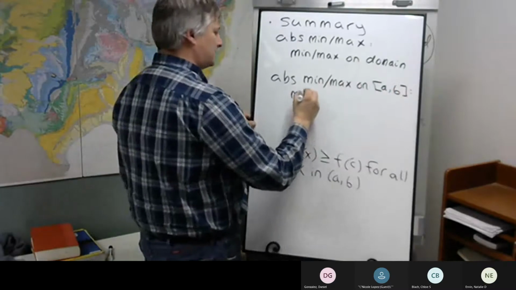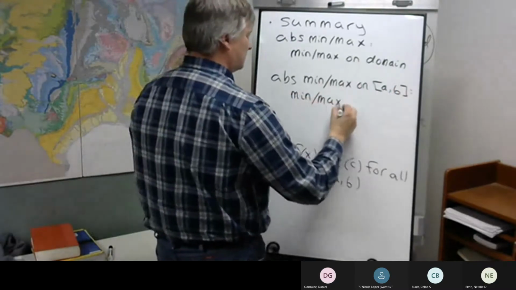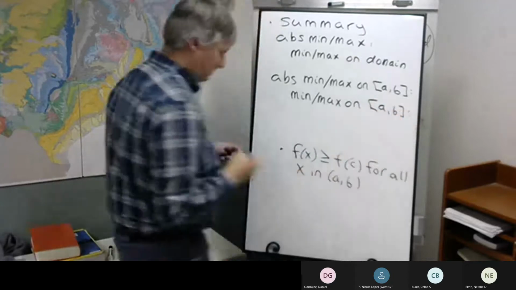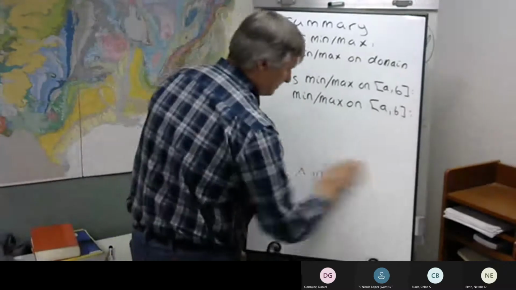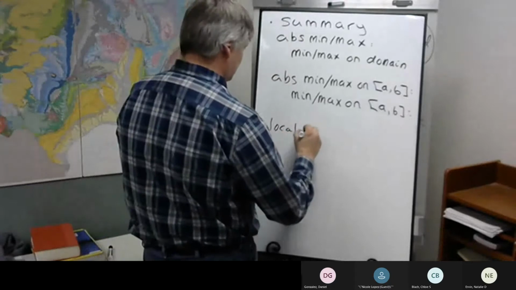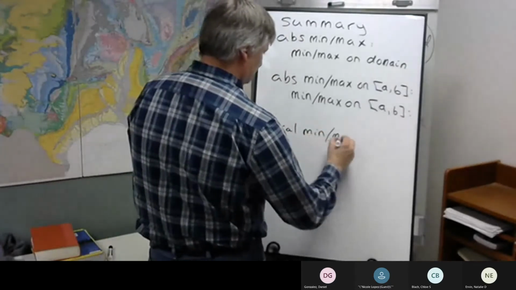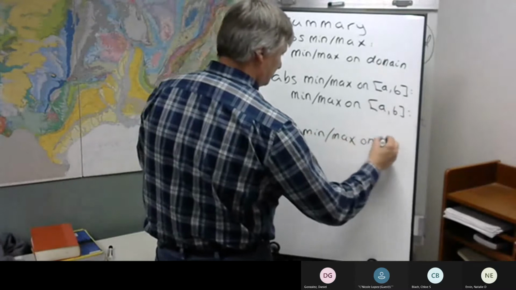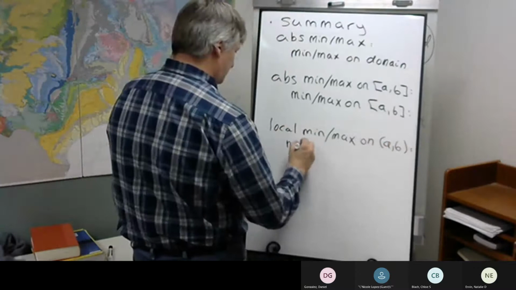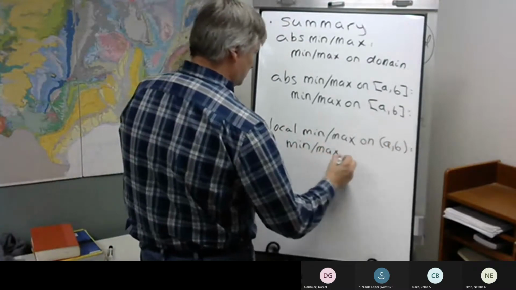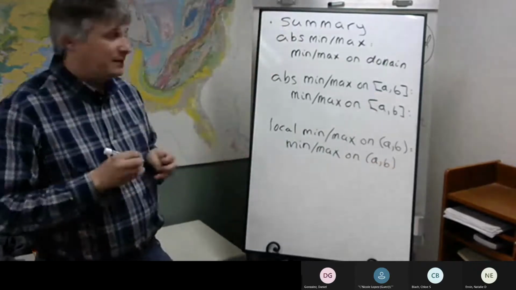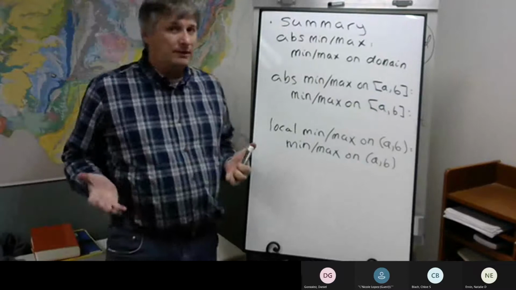So this is the min-max on AB. And then we have local. And that's going to be it. So this is sort of a summary of what we've just looked at.